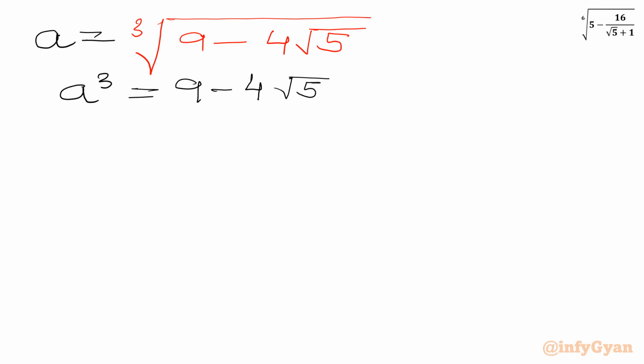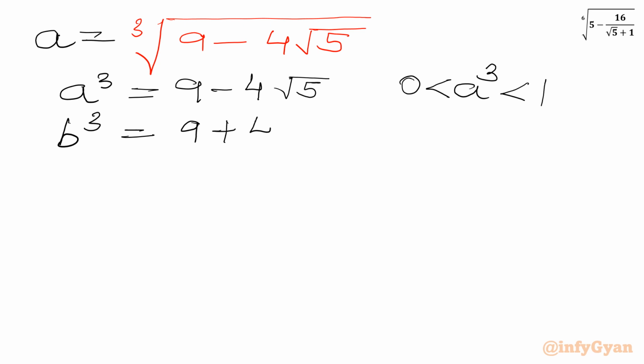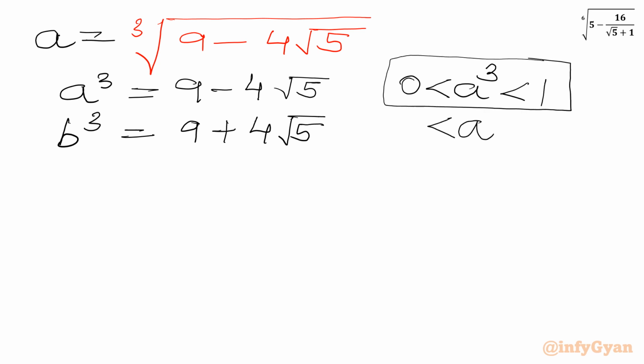Now a cube is positive, but in the interval 0 and 1 only. It is a fractional or decimal value. Now I will consider b cube, which is the conjugate of a cube, 9 plus 4 square root 5. Once a cube is in the interval 0 and 1, then we can conclude a must lie in the interval 0 and 1.